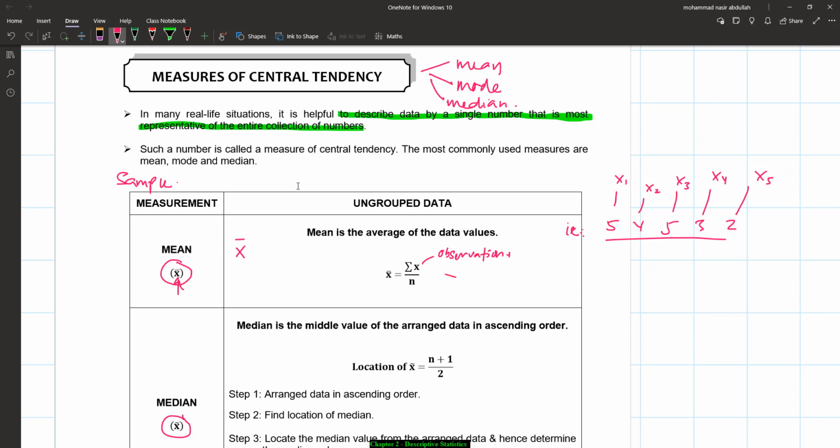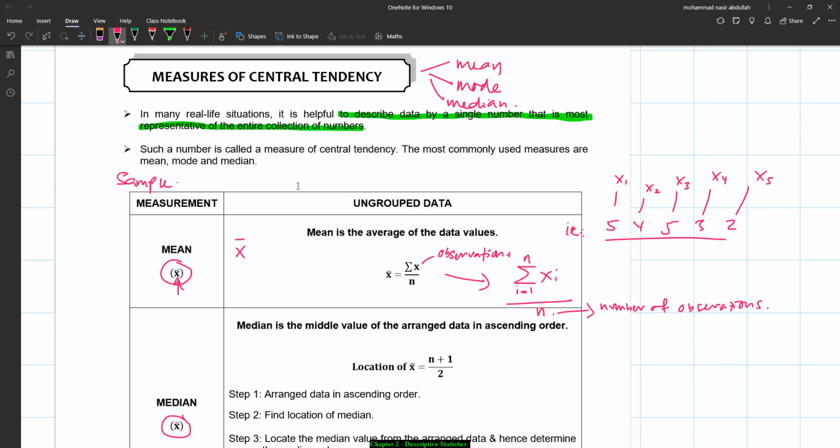So the formula of mean will be the summation of xi from i equals 1 until n, divided by n. n is the number of observations. How many do we have? We have 5 observations here: 1, 2, 3, 4, 5. So n will be 5.